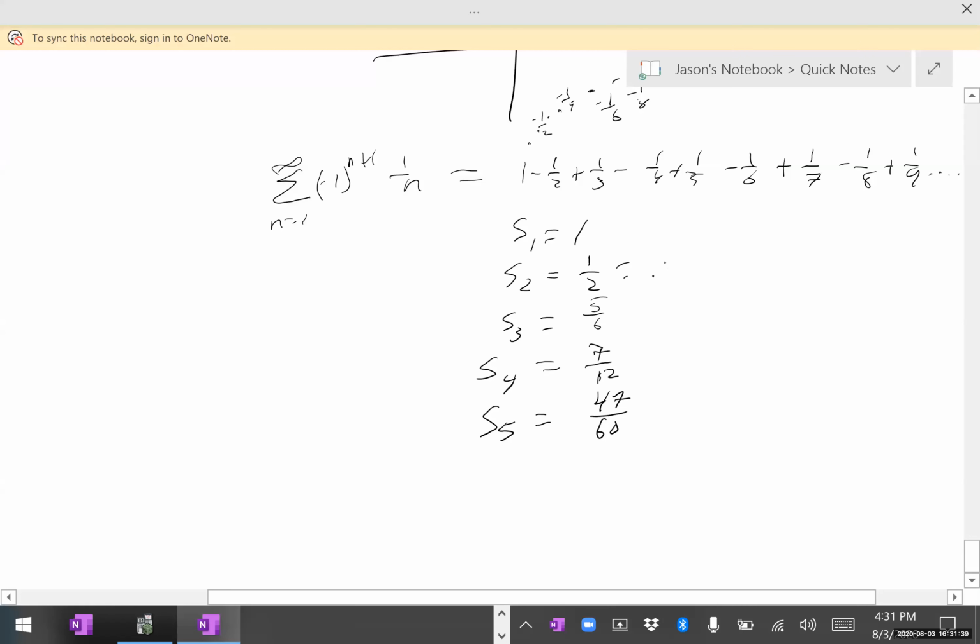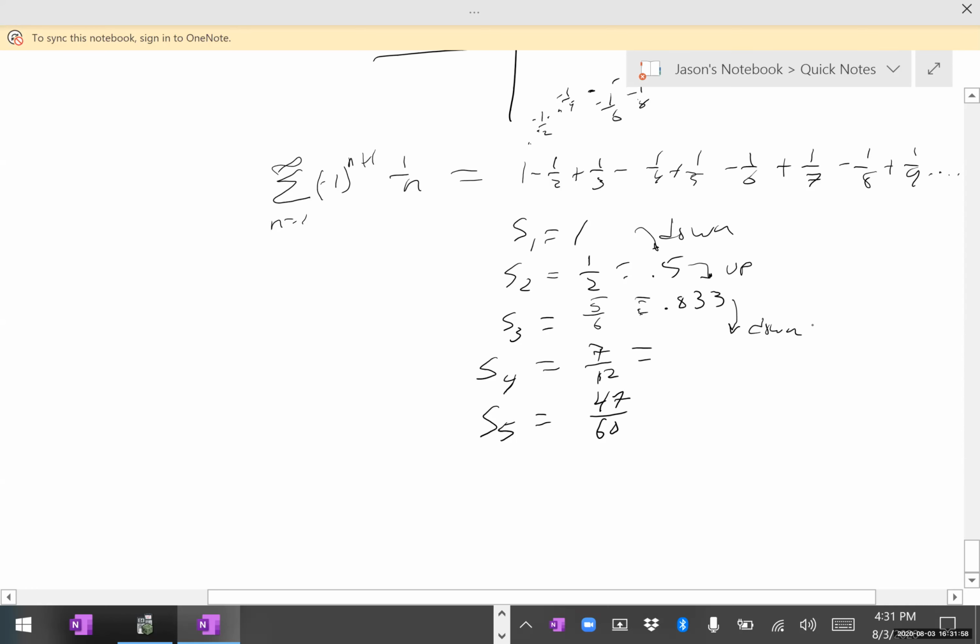So this is 0.5. This is 0.833. It kind of goes up and then it goes down. Here it went down, right? And then went up a little bit. And now it's going to go down, right?